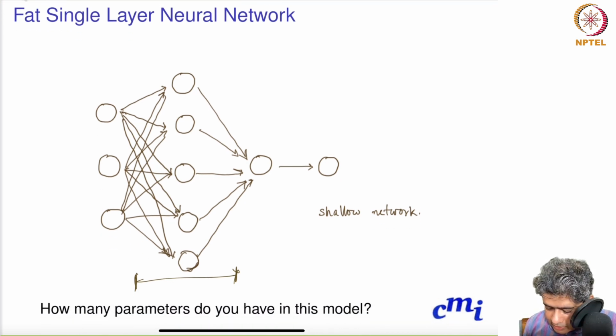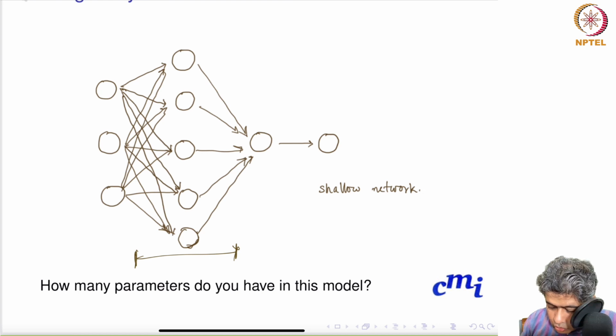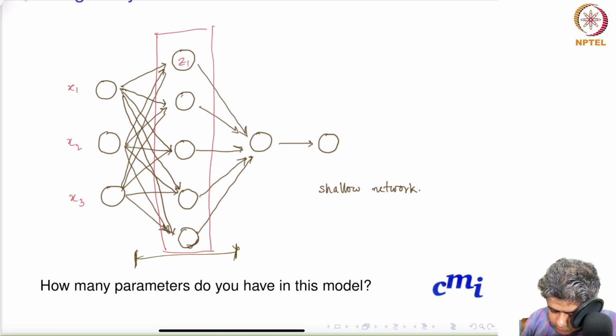So what happens? So here is an example. You have 3 features, x1, x2, x3, and you have a single hidden layer network, but with how many nodes? Z1, Z2, Z3, Z4, Z5.